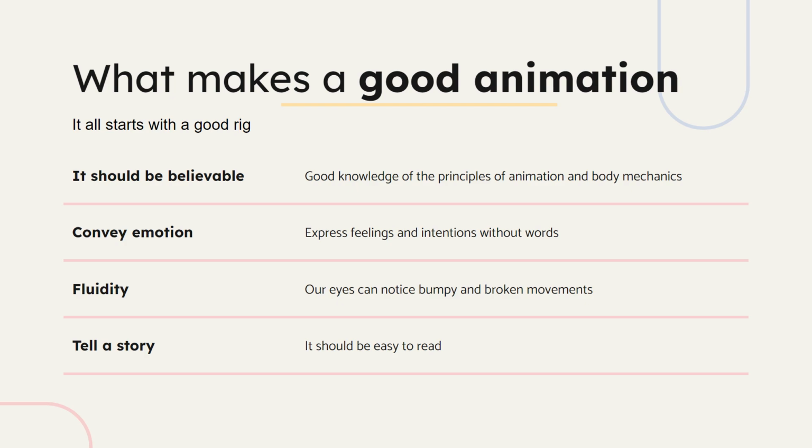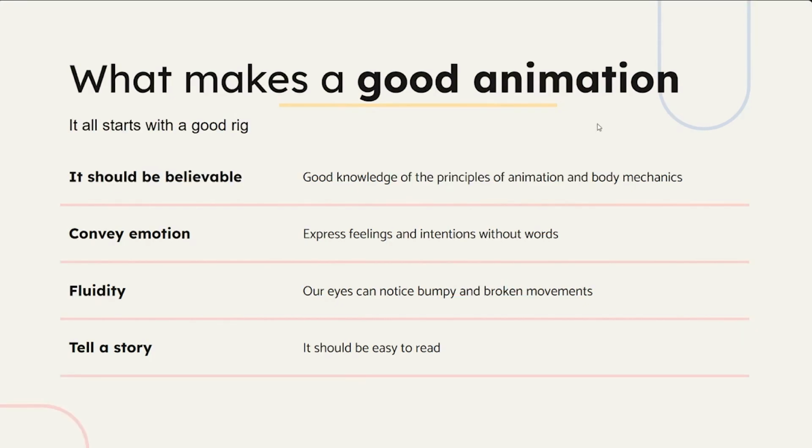Because the thing is, especially in character animation, we see people moving around us all the time, so we are used to seeing what that looks like. Whenever you see something that is different, your eye and your brain will recognize that immediately. So the trick to a good animation is it should be believable.